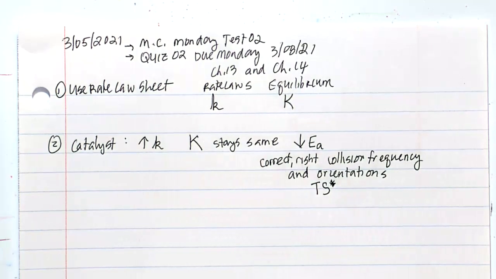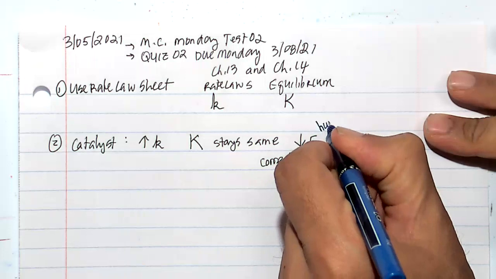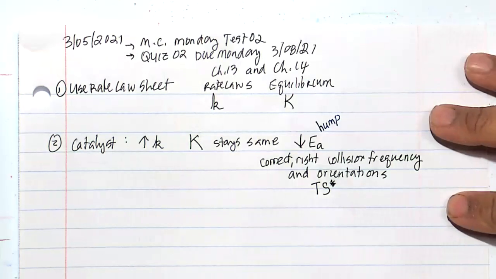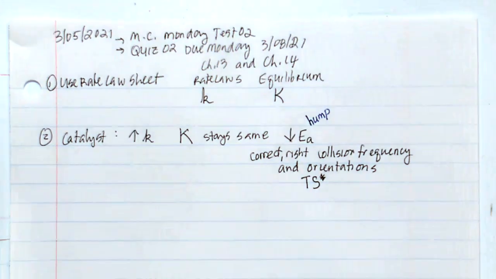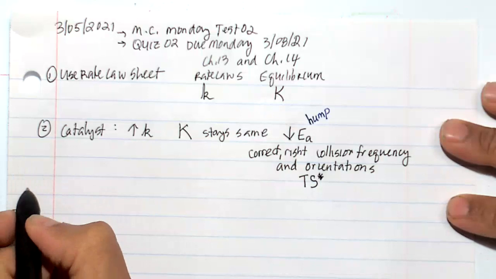Remember, the activation energy is an energetic hump. It's like a barrier the molecules must overcome in order for the reaction to go to the destination, in this case, the products. So review your material on catalysts.